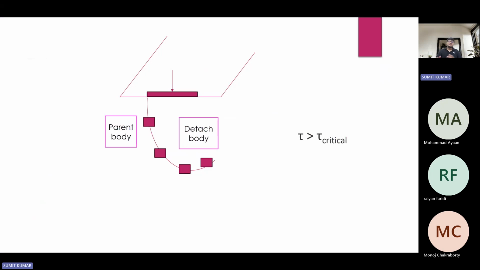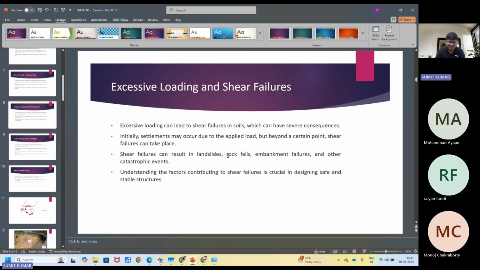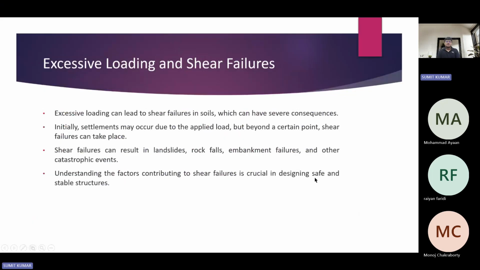But once the strength and the applied stress become equal, it comes to the verge of failure. Increasing the stress beyond that point, even a little bit, will result in failure. So that is the point we are discussing here, that excessive loading can lead to shear failure of soil, which can have severe consequences.